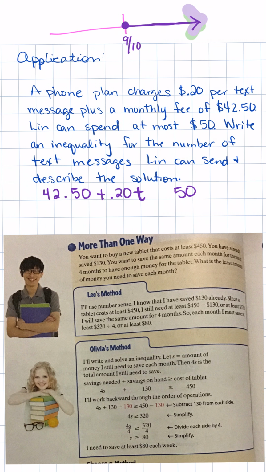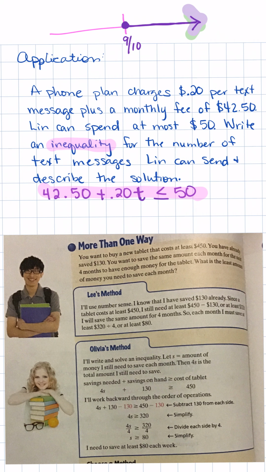So therefore, we want it to be at the most, so it could be less than or equal to 50. So this is our equation. So write an inequality. This is the inequality to describe the solution.